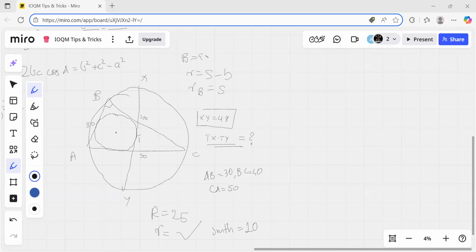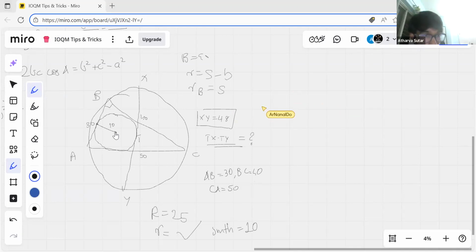Okay, so I guess we can compute IY first. We know that the perpendicular from I to AB is R. Can you draw the point, please? Let it be anything. We'll call it X. Oh no, wait, that's already used.